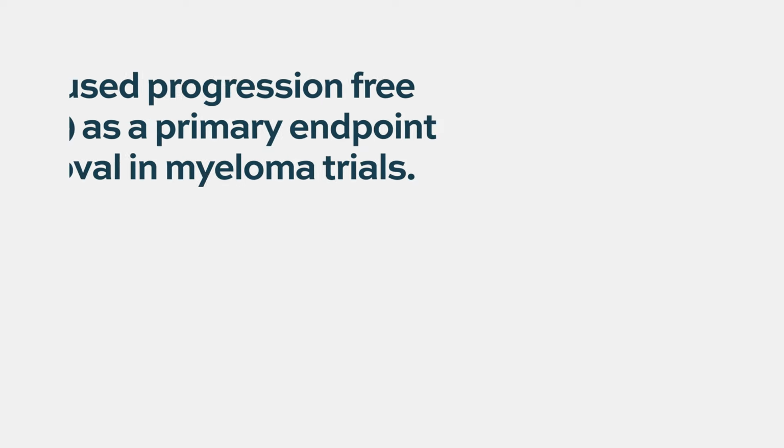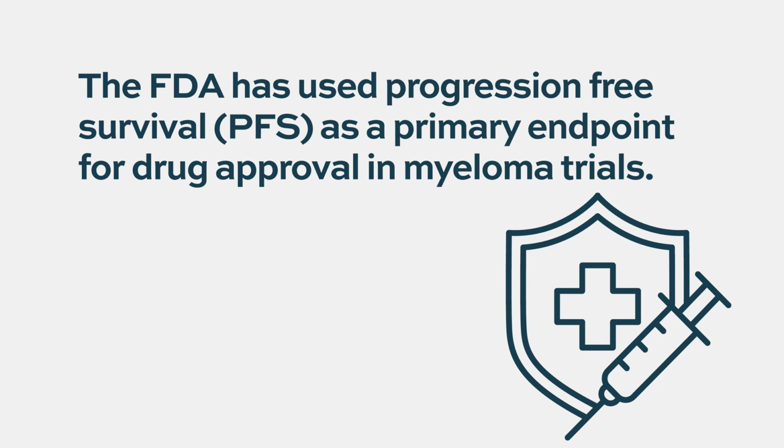Yeah, so the question: can we use MRD testing as a surrogate marker for activity of a new combination or a new drug or a new therapy? And I think for many years now, the FDA has approved many drugs based on how long it takes for the patient to relapse with a certain therapy.